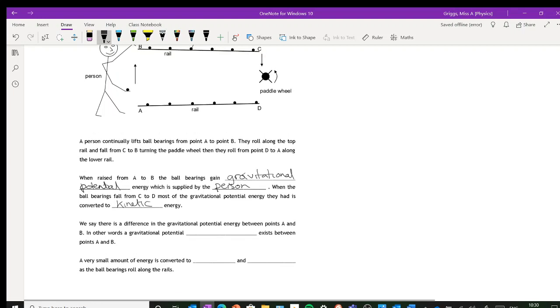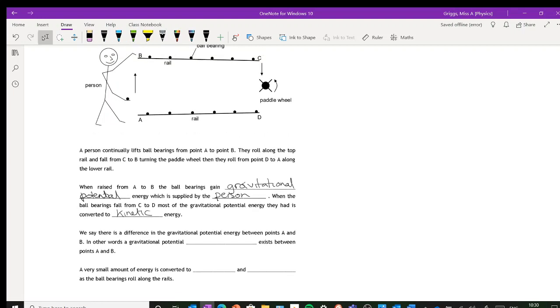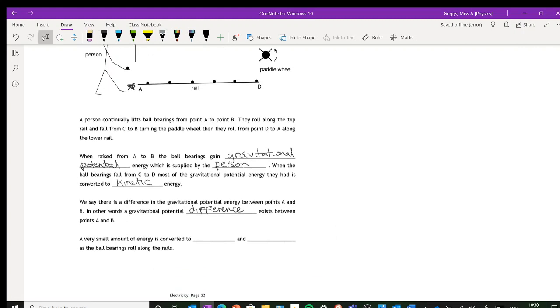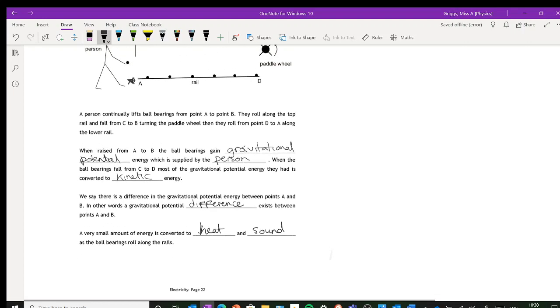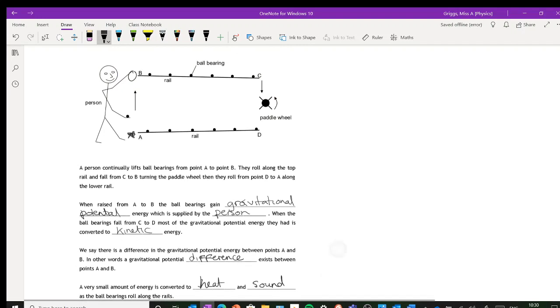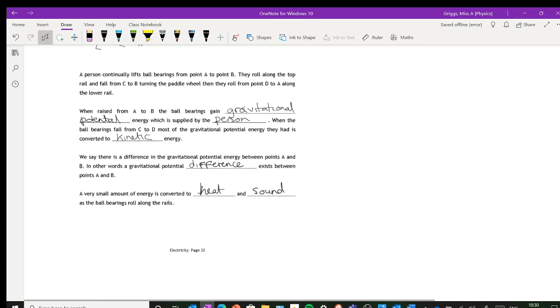We say there's a difference in gravitational potential energy between point A and point B. In other words, there's a gravitational potential difference between points A and B. So you can see there's very little gravitational potential at A and quite a lot at B. There's also a very small amount of energy converted into heat and sound as the ball bearings roll along the rails. So that's something that we've come across before, lifting things up, gravitational and kinetic energy.